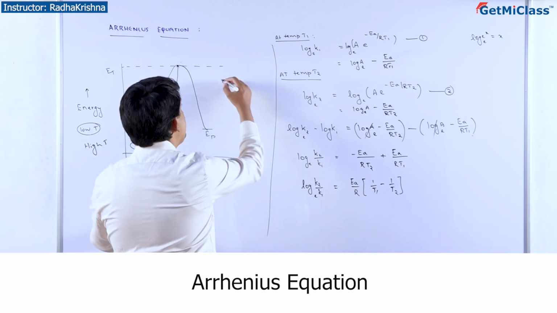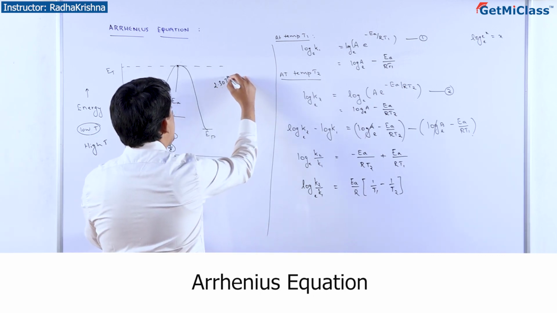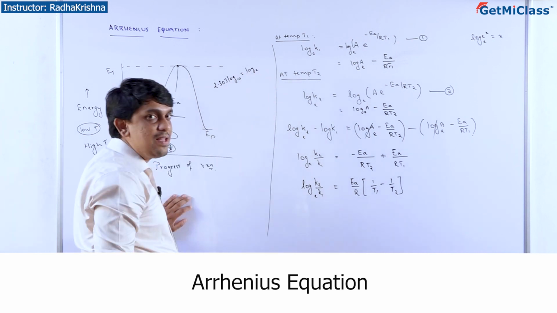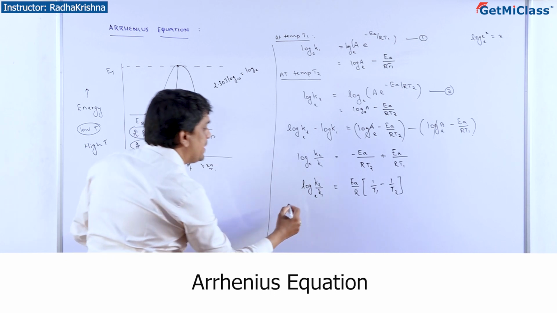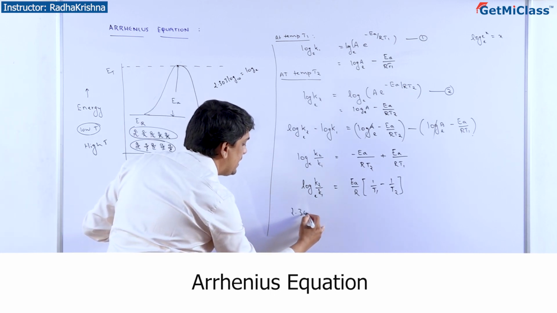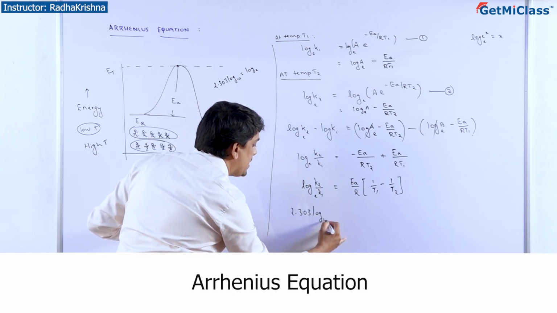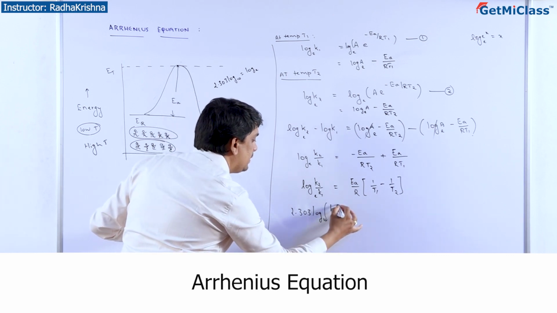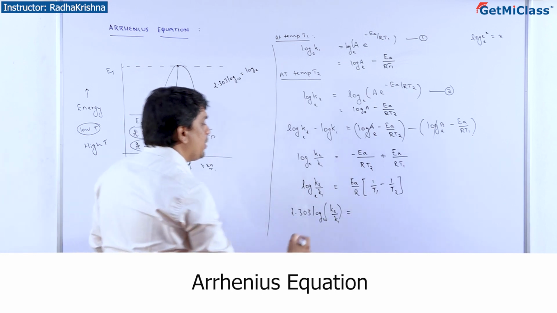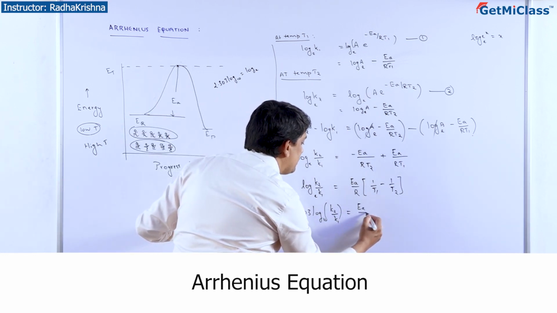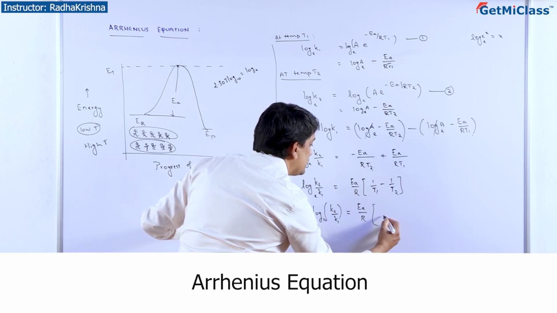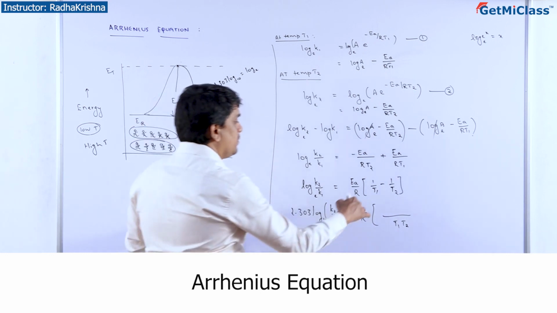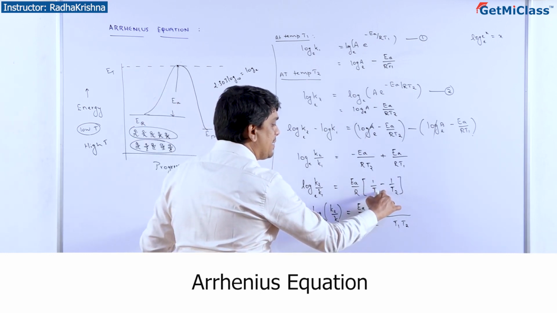Right? Now what is 2.303 log to the base 10? Everyone knows it is log to the base e. So rather than writing log to the base e, let me write 2.303 log to the base 10 K2 divided by K1. This is equal to Ea divided by R, common denominator T1 into T2. So in order to get T2 here, you should multiply T2.